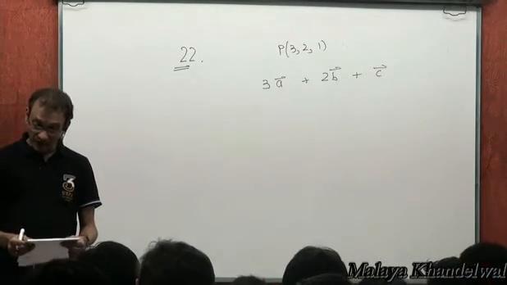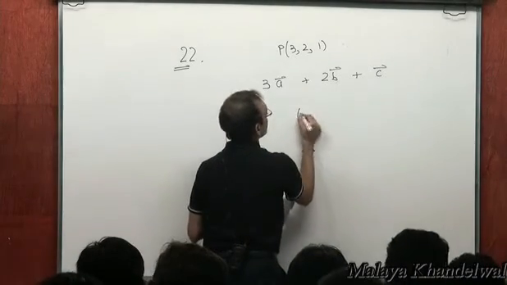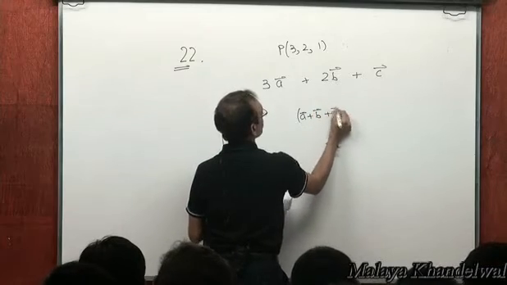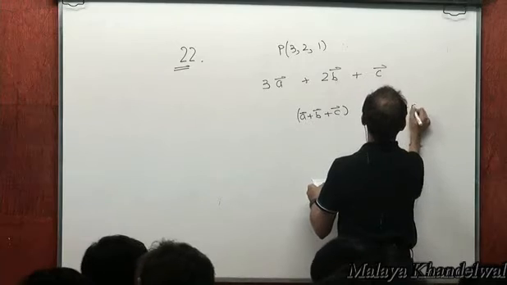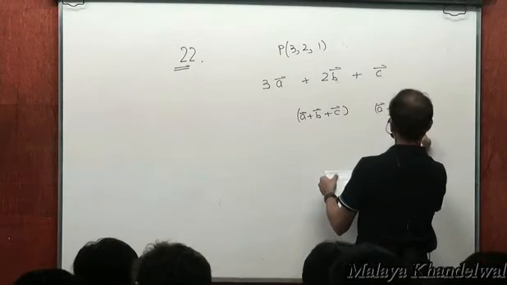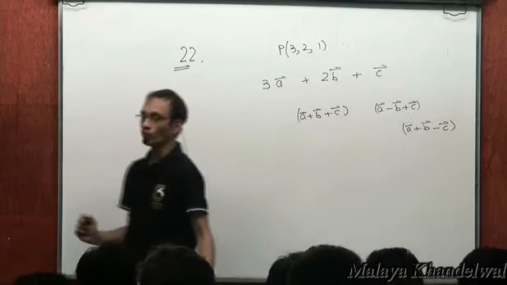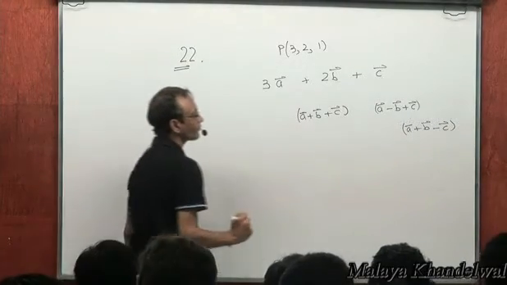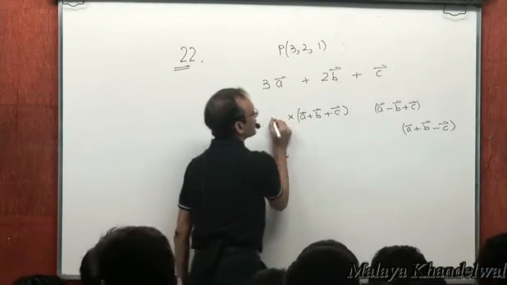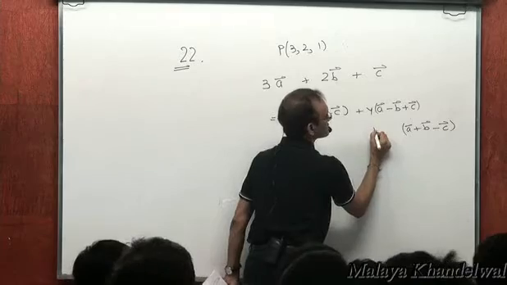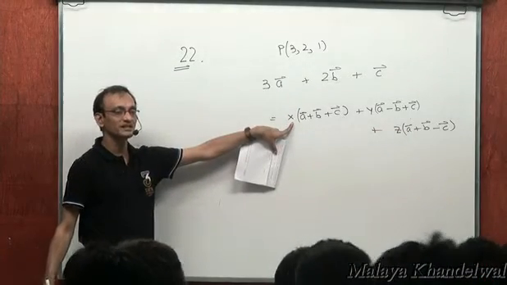Then the coordinates of P with respect to the system A plus B plus C. So we have a system in which there are vectors A plus B plus C, A minus B plus C, and A plus B minus C. Let's say its coordinates are X, Y and Z. Then the point P is represented like this in that system.